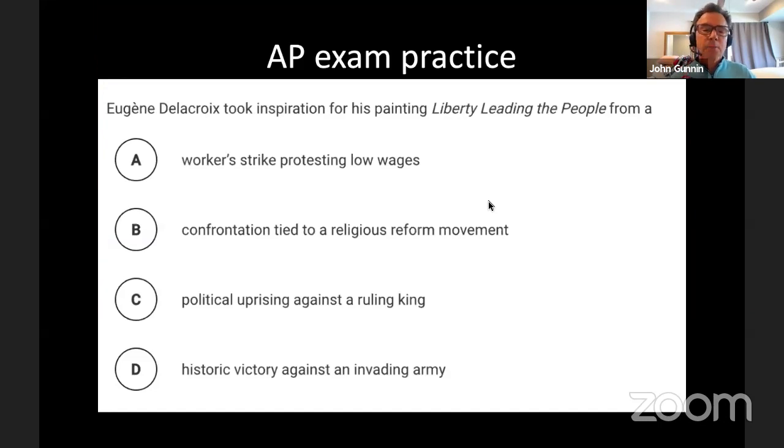So for your exam practice today, I have a question about Liberty Leading the People. And if you think about it, this question is concerned with content and context.